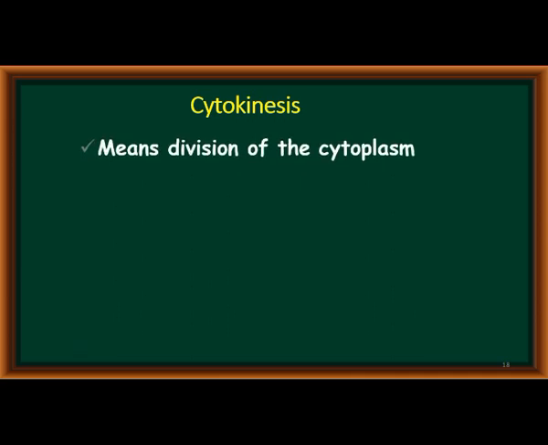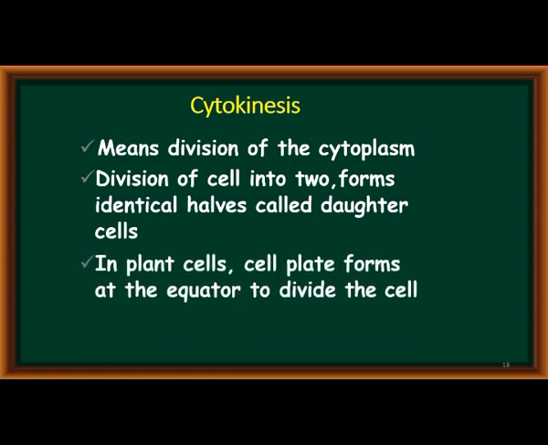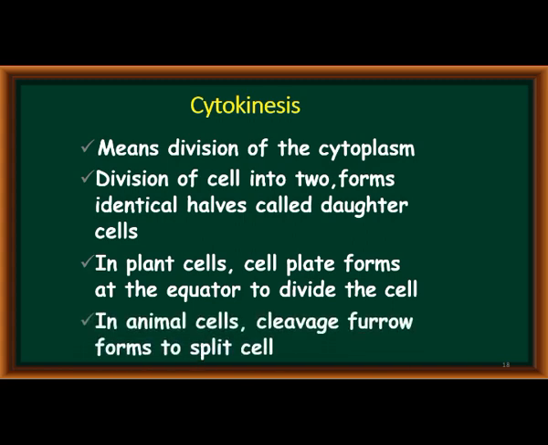Cytokinesis means the division of the cytoplasm. Now division of the cell into two forms identical halves. These are called the daughter cells. In plant cells, a cell plate forms at the equator to divide the cell into two, whereas in animal cells, a cleavage furrow forms to split the cell.